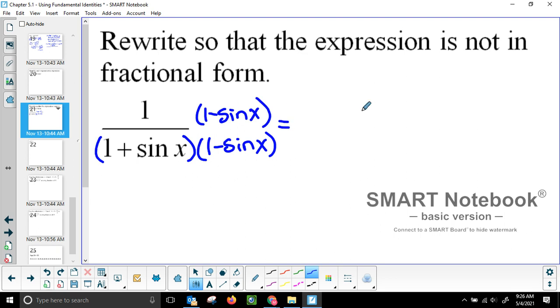So now when I do that, I get 1 minus sine of x over, and this is a difference of perfect squares now, like the factored form of it. So when you multiply this out, it's actually going to end up being 1 minus sine squared x.